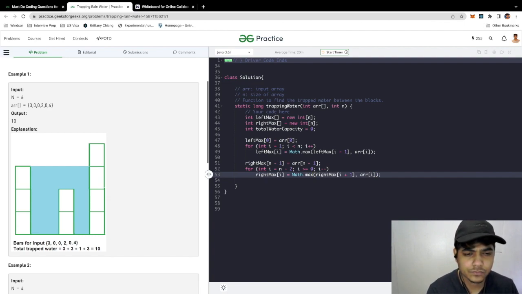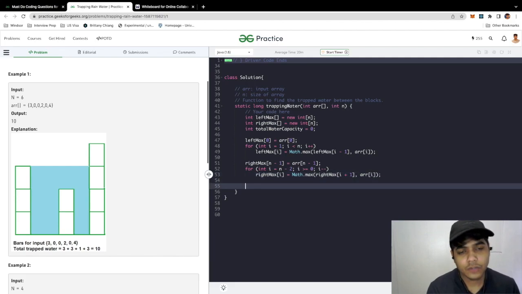I feel like I'm missing something here. Should be good. Yeah. So anyway, we figured out left max and right max. The last iteration that we need to do is in order to find the total water capacity. For that, we're going to do a regular iteration from the zeroth element, right?